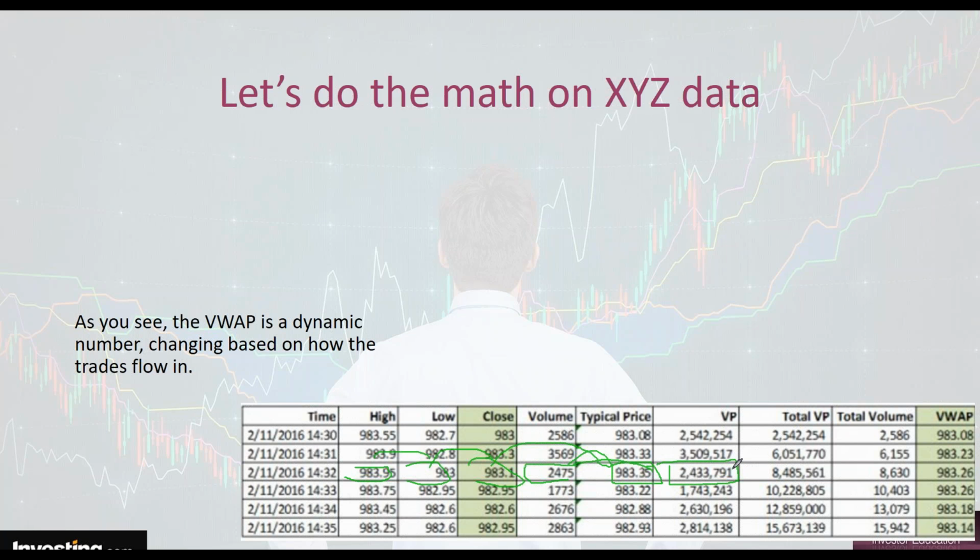We add this volume price to the previous volume price to get the new total volume price. We then take our current volume, which is 2475, add it to the previous volume, which is 6155, which gives us 8630, and we divide the total volume price by the total volume, which gives us 983.26, or our new VWAP. And we put that dot on the chart, connect it to the previous dots, and get our weighted moving average line on our chart.